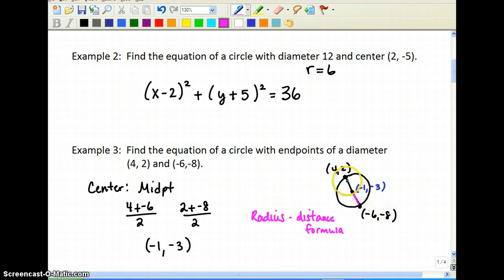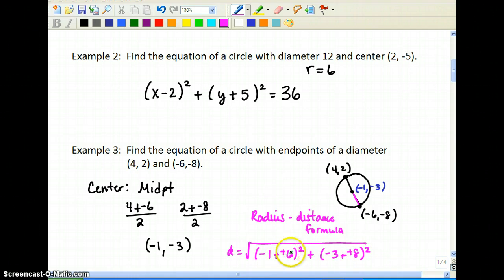Somebody else might do the distance of this radius, but we know that all radii are the same, so it doesn't really matter. So the distance formula is the square root of (-1 minus -6) squared, plus (-3 minus -8) squared. Change these signs.